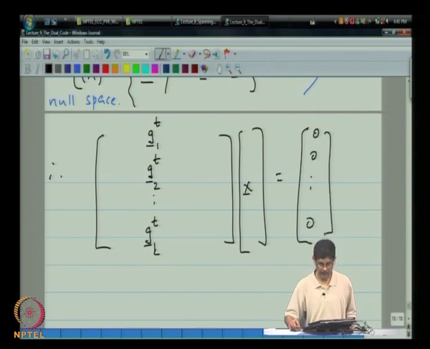So, that means that the inner product of the vector x with each of the rows of the generator matrix is 0, if something is in the null space.